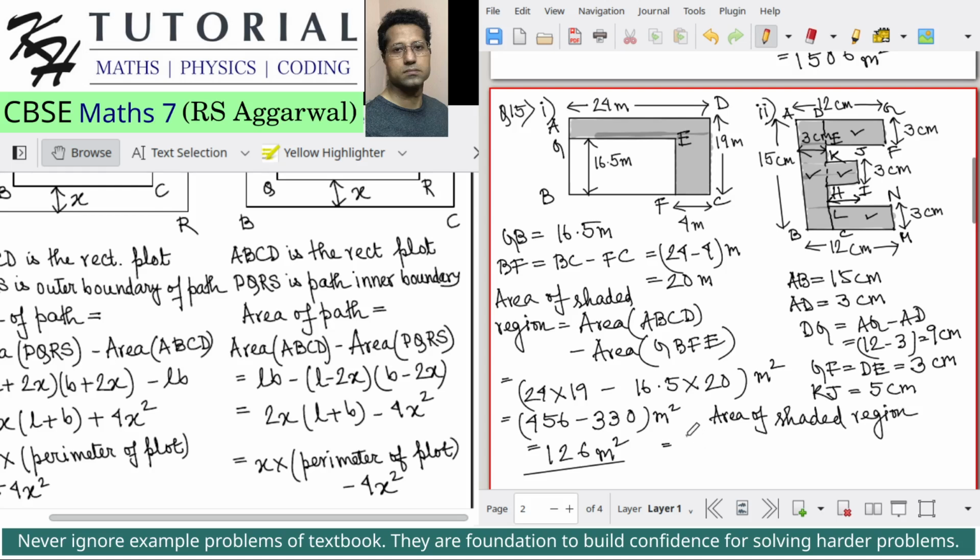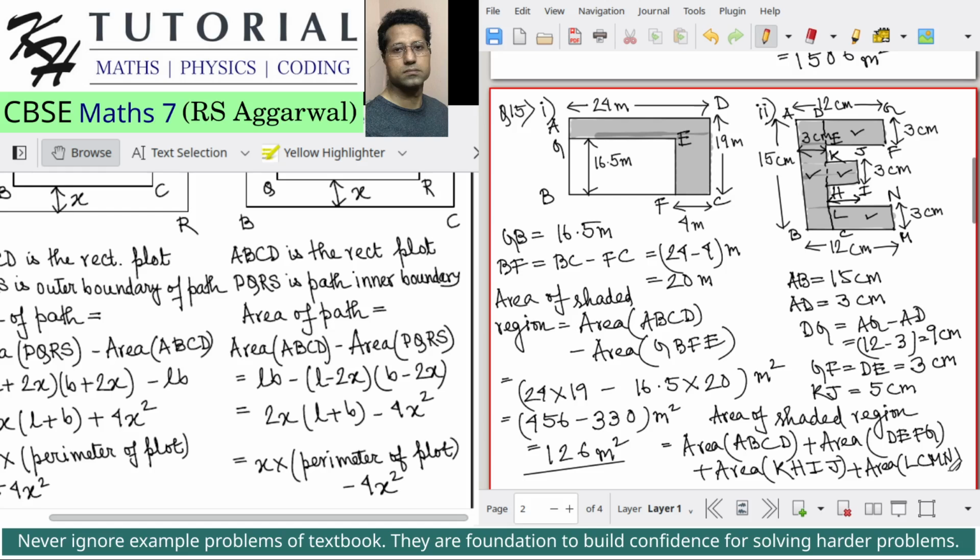It will be equal to the area of the rectangle ABCD, plus the area of the rectangle DEFG, that is this part, plus the area of the rectangle KHIJ, plus the area of the rectangle LCMN.